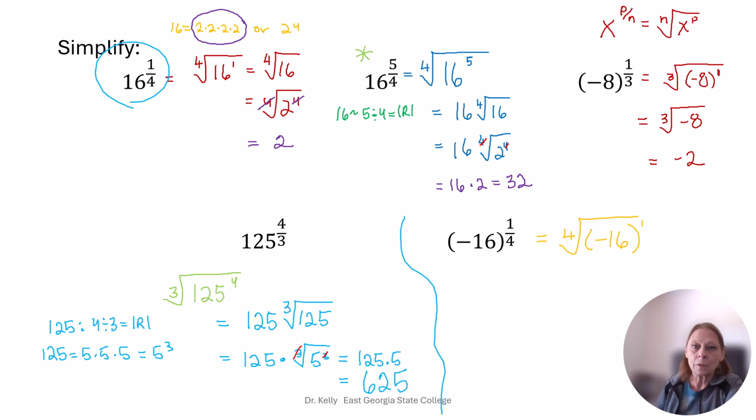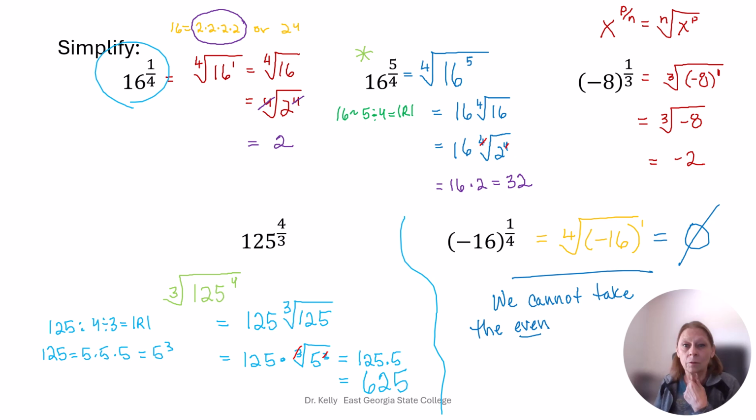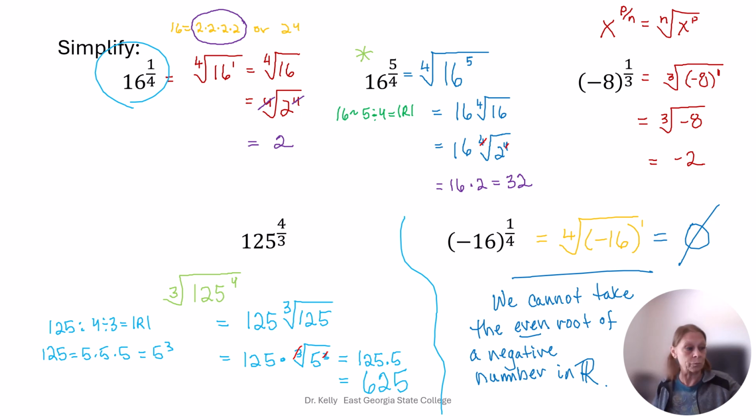And I hope you see right away that this is equal to no solution, because we cannot take an even root of a negative number in the reals. Not saying it doesn't actually happen. It can happen, but that's beyond this class.